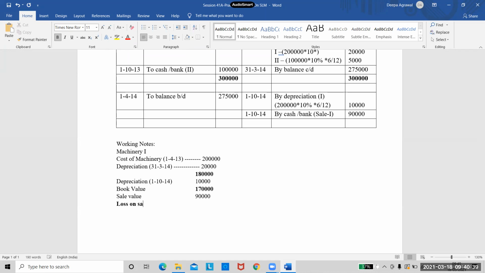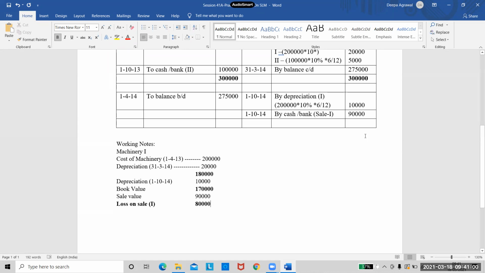So loss on sale for machinery 1. And how much loss do I have? 80,000 is my loss. And always the loss will be taken on the credit side. If you get a profit, you will take it on the debit side. So if your sale value is more than the book value, you call it a profit.